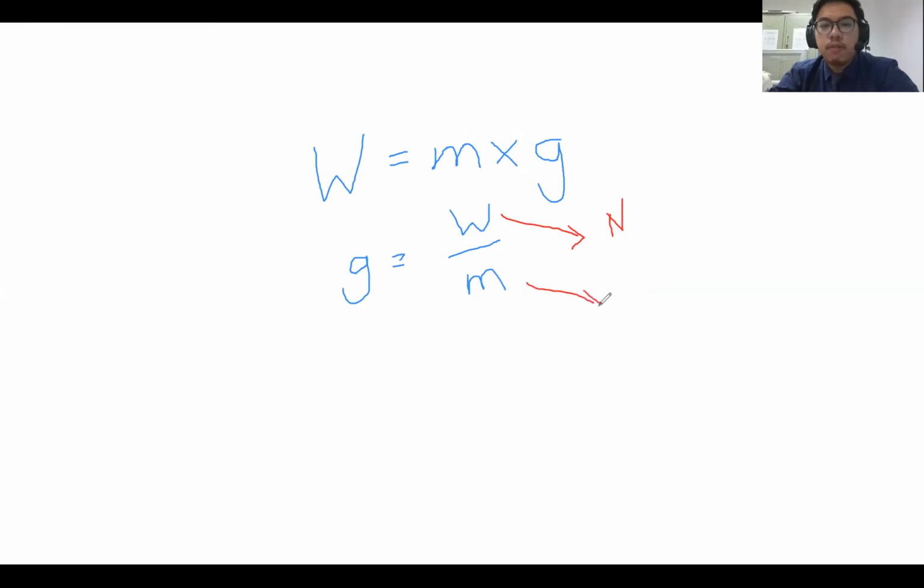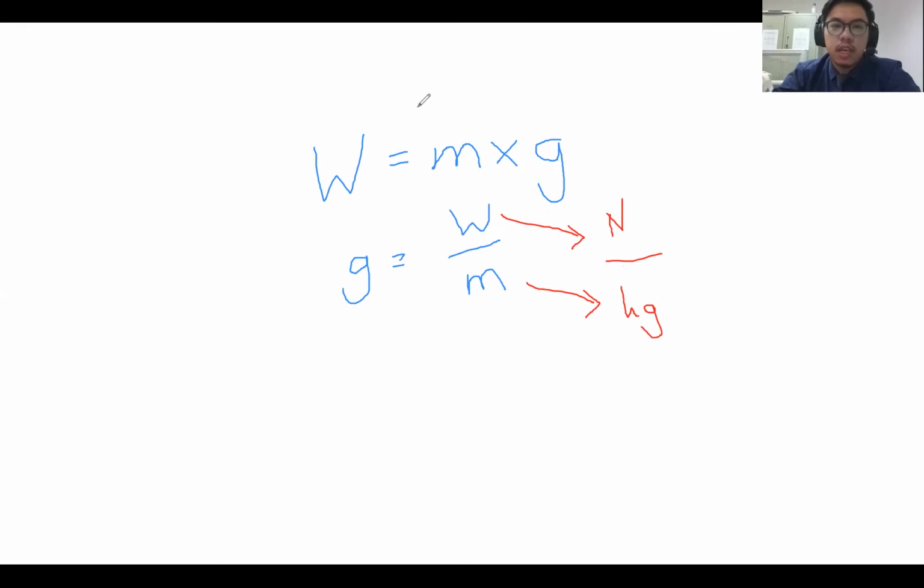And the unit for mass is kilograms. And you can see from this, newton is over kilo, weight is over mass. So the unit for weight, the newton, is over the unit of kilogram.